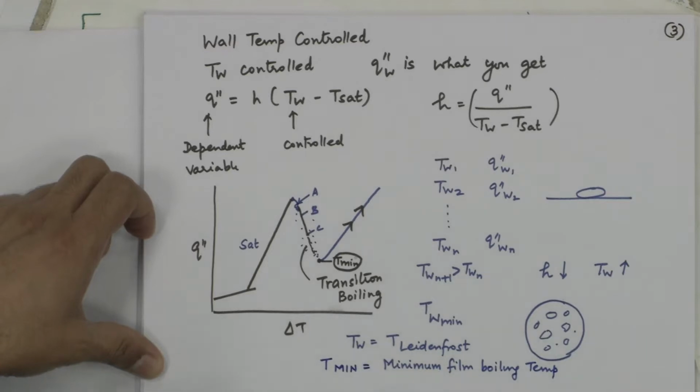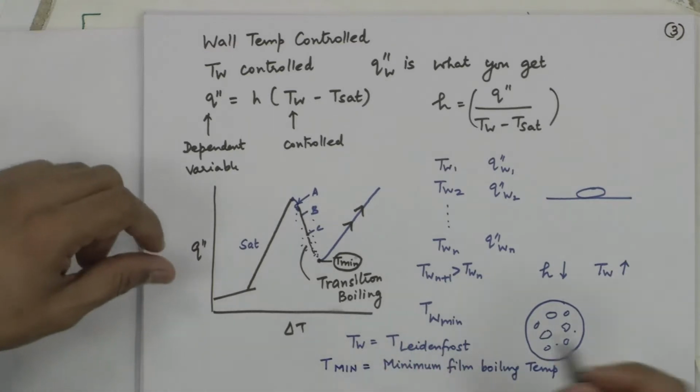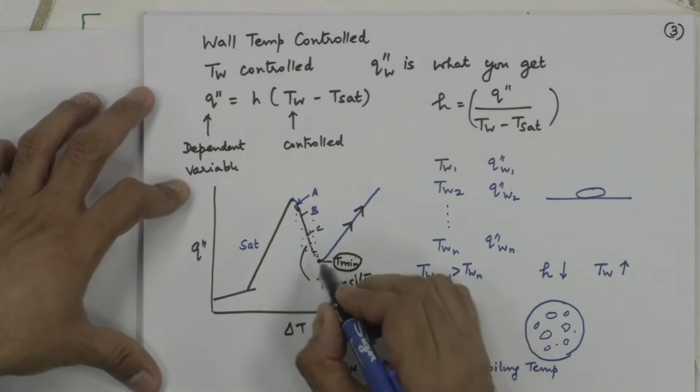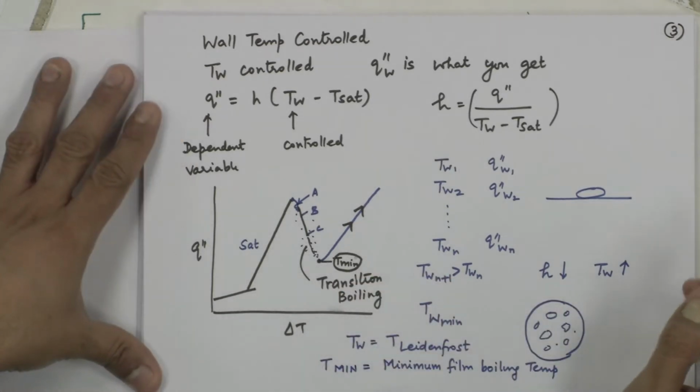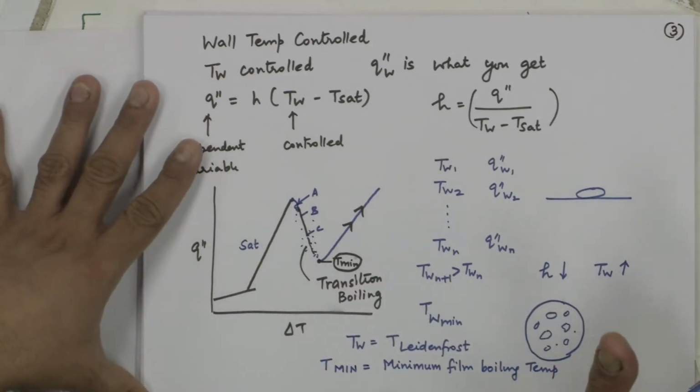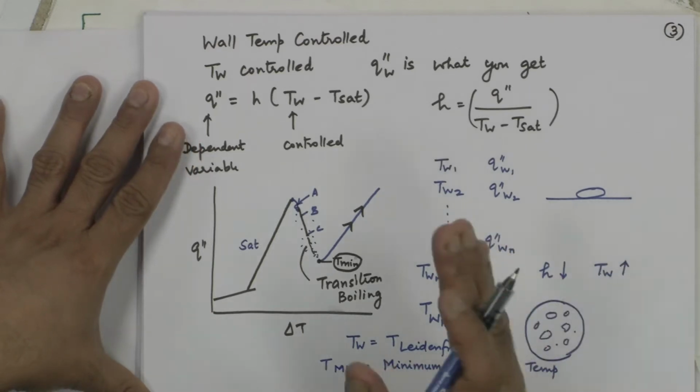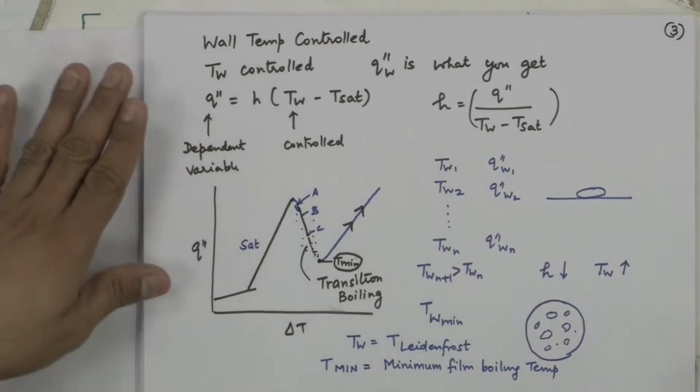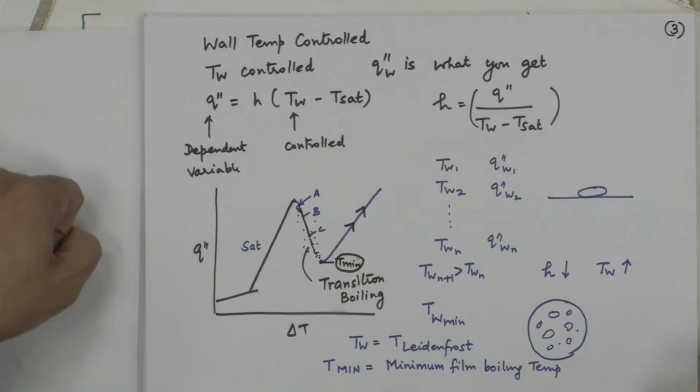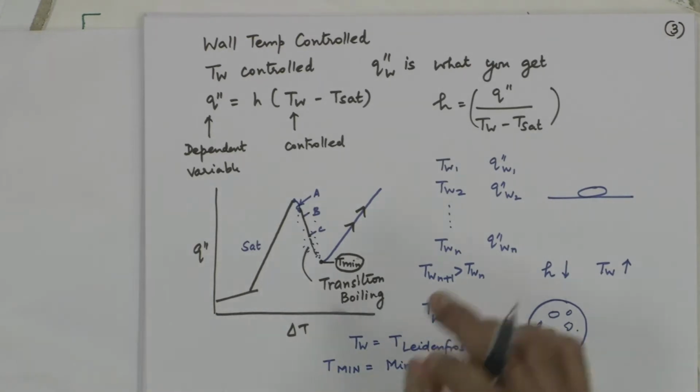It represents the temperature up to which the liquid can be in contact with the heated surface. Any further increase in the wall temperature will result in the liquid losing contact with the heated surface permanently.